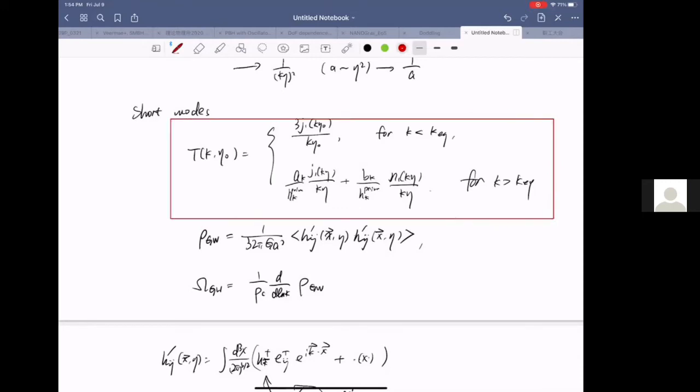But it is possible to find its leading order approximations.